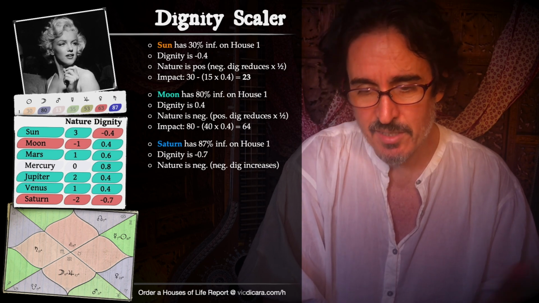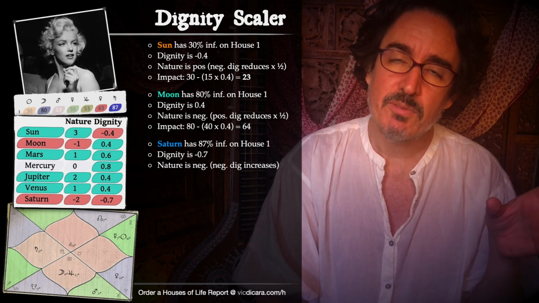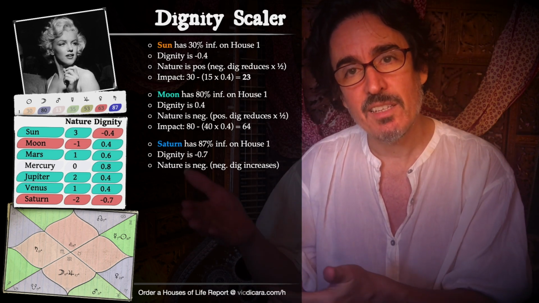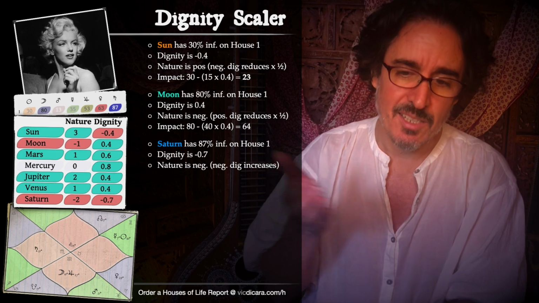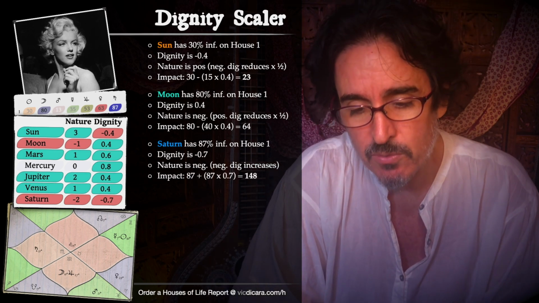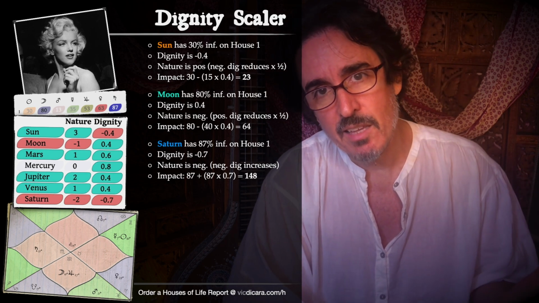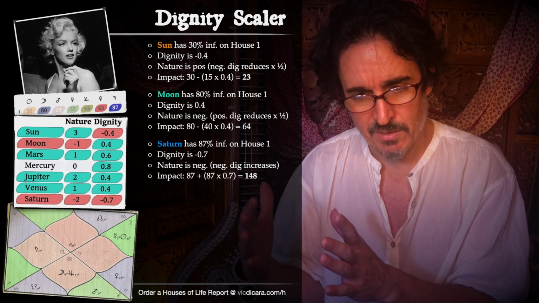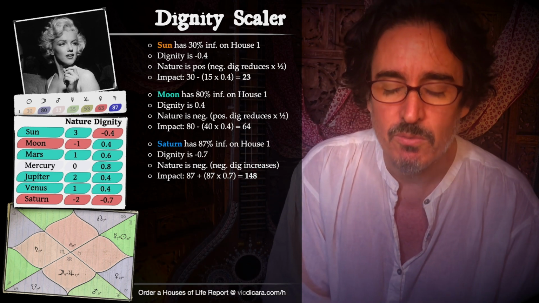Its nature is negative. So it's a functionally negative planet with a negative dignity. So the negativity of the dignity is going to increase the negative impact by as much as full. So the math looks like this. It's 87 plus as much as 87, but actually 70% of 87. And so the value works out to be 148.